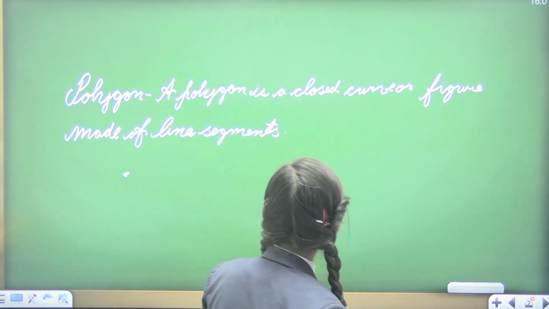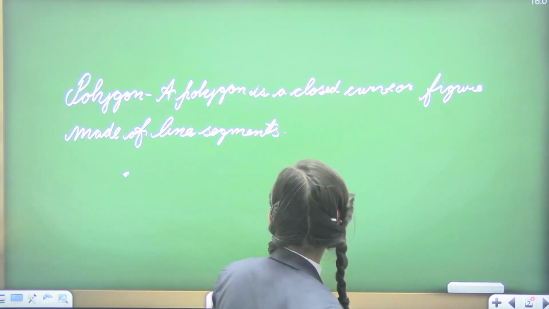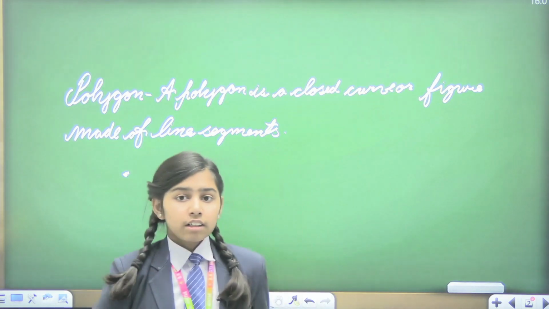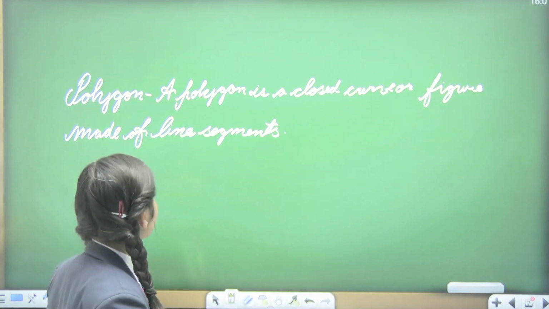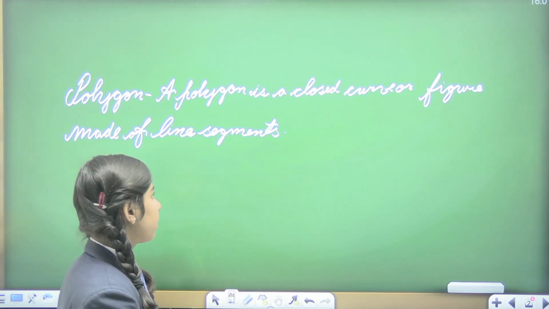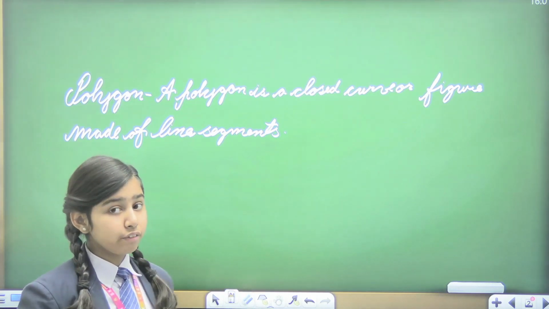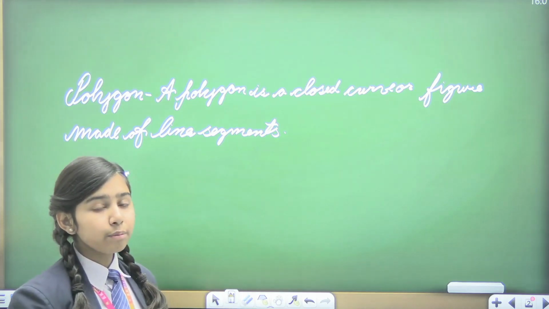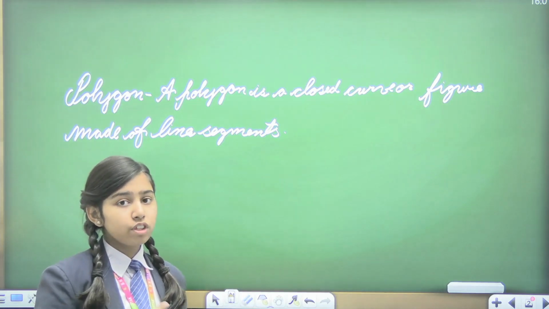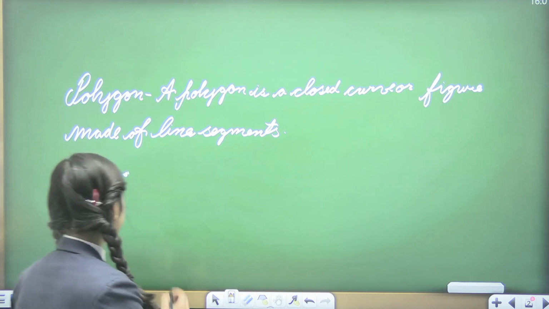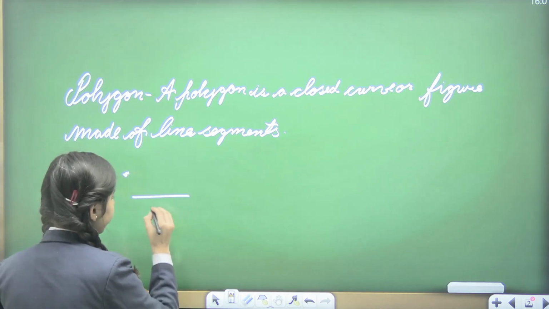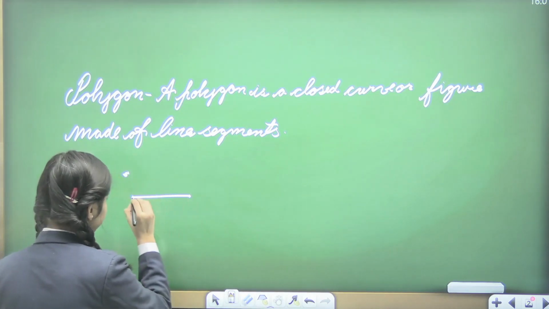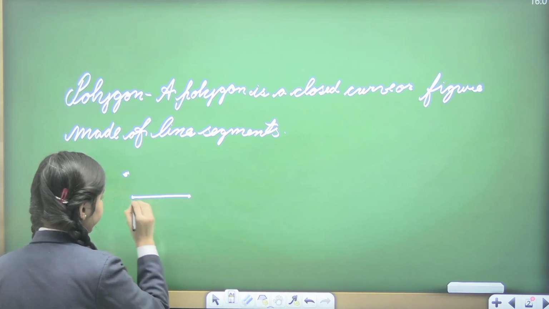So a polygon is a closed curve or figure made up of line segments. As per the definition, एक polygon एक closed figure है या फिर एक closed curve है जो line segment से बना है. Line segments, we know a line which has measures, like we have this line, this point and then this point.